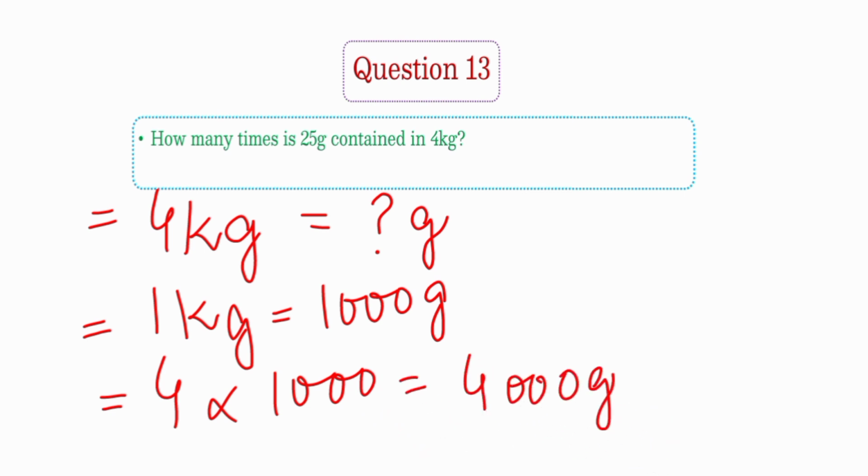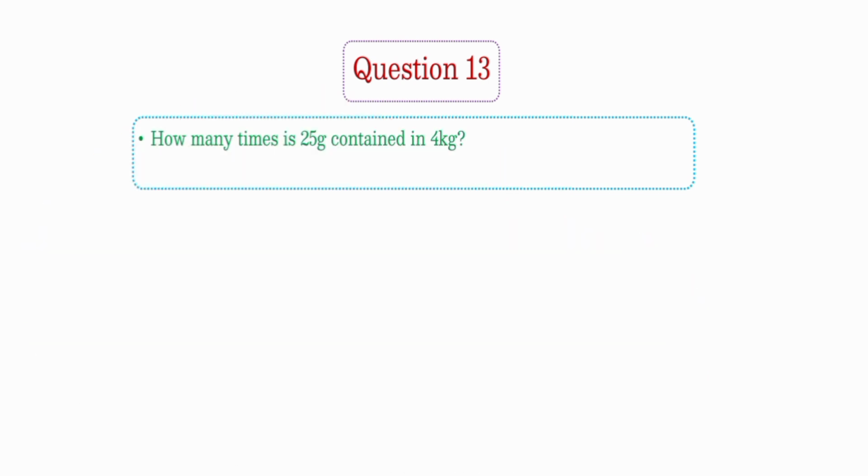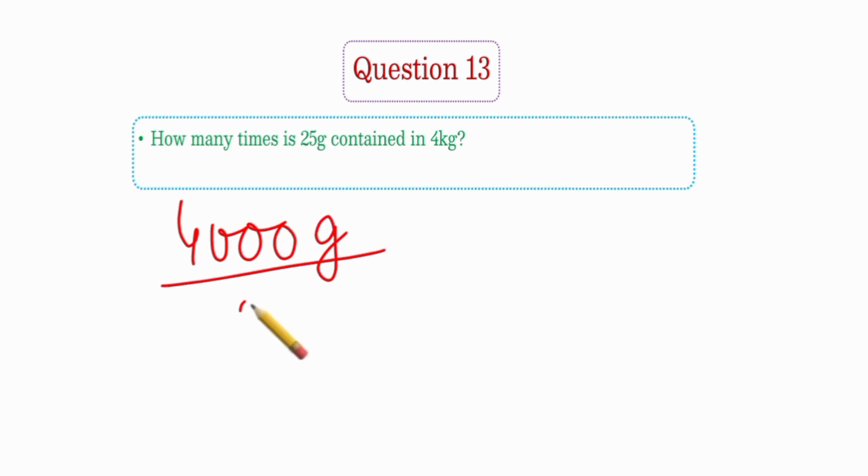Now we know that in 4 kilograms there are 4,000 grams. So how many 25 grams can be contained in 4,000 grams? To work it out, we'll simply take 4,000 grams and divide that by 25 grams, and you will get the number of 25 grams that can be contained in 4 kilograms.